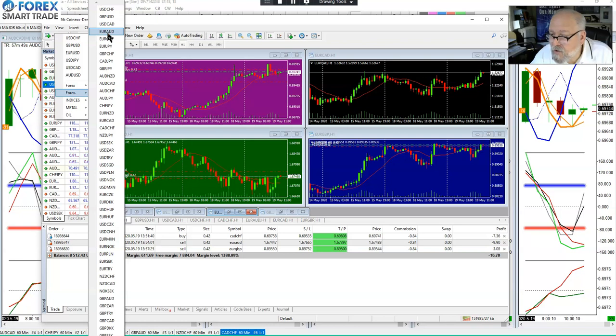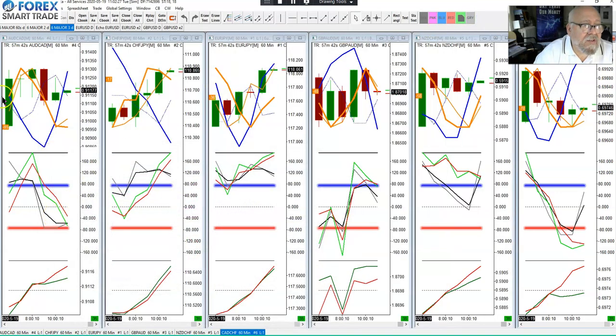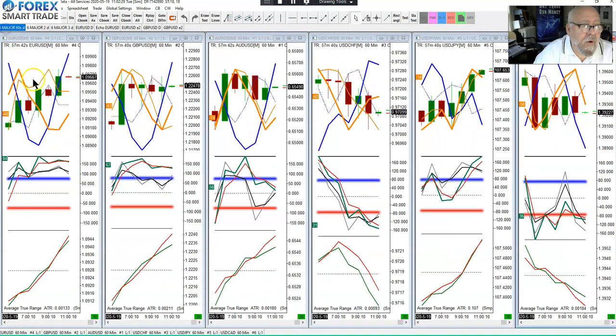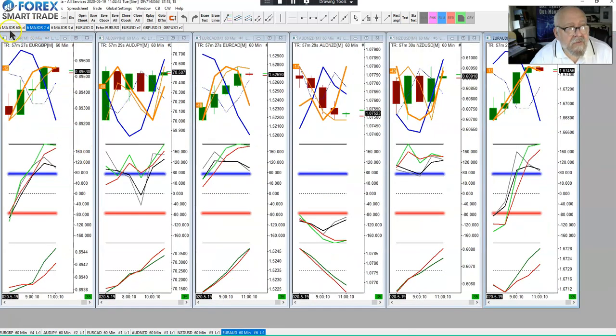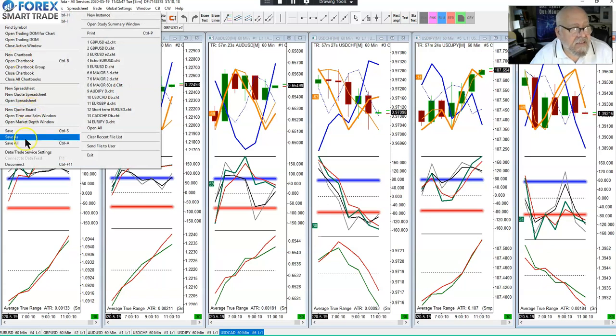What sort of templates are you using? How do you set them up? On the CoinEx, on the green charts, this should be the one. This template should be the auto default. To set up this second chart, what I do is I take the first chart, I do a File, Save As.